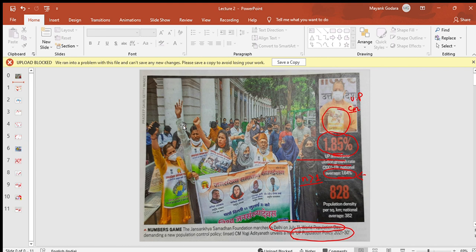In the last lecture, we talked about the growth rate of the population. Here you can see that people are marching against BJP to bring some economic policies that can control the population growth rate, because due to a 1.85% population growth rate, which is greater than the average population rate of India, that is 1.64, people are unable to get employment.